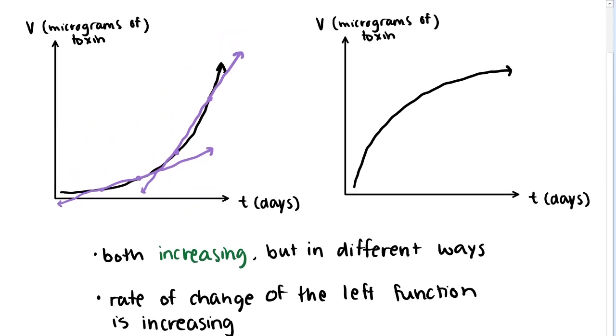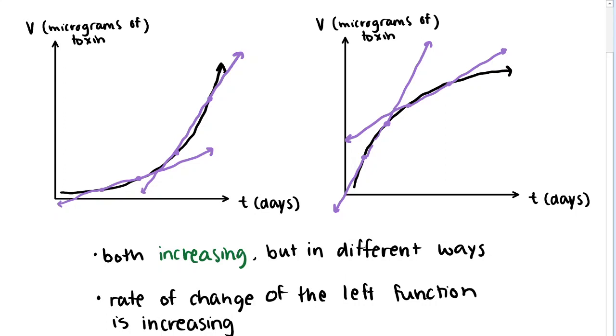Whereas if we look at the rate of change of the right graph, the function itself is an increasing function. It's moving upwards as the graph goes from left to right. But if we look at the average rate of change, I can sketch that between a few different points. And we can see that the average rate of change is getting less and less steep.